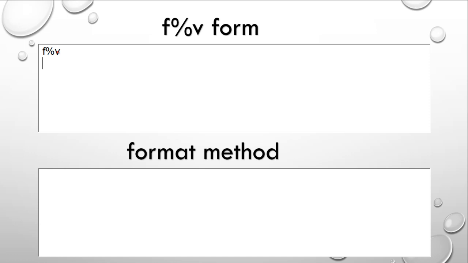Suppose I want to execute a query that selects star from student where COUID is equal to 104. Suppose this is my query that I want to execute. So how can I write this query in the form given above, that is the f%v form?